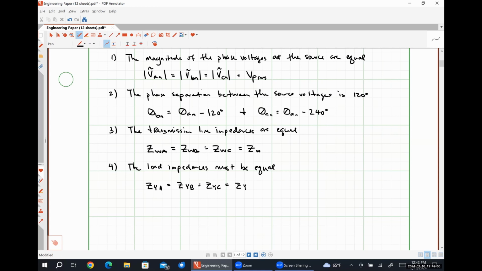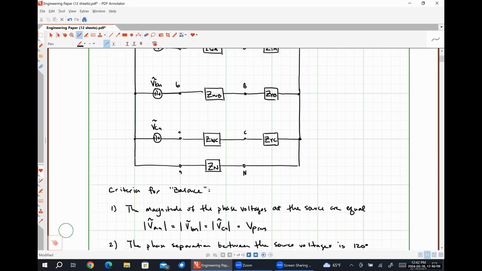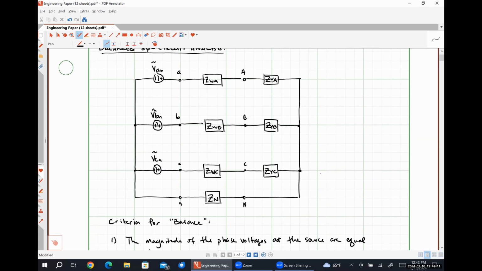So what we are going to do is look at our line currents here. I'm going to draw them on my diagram. Line currents, as we learned last lecture, are just the currents that are flowing down the transmission line from the source to the load.